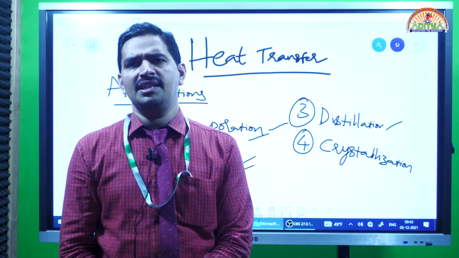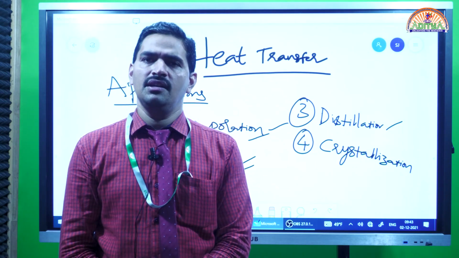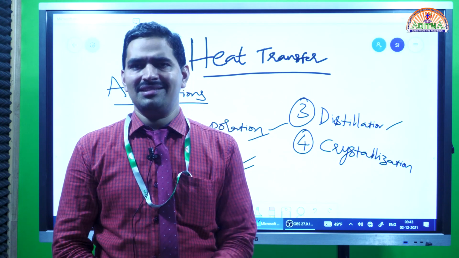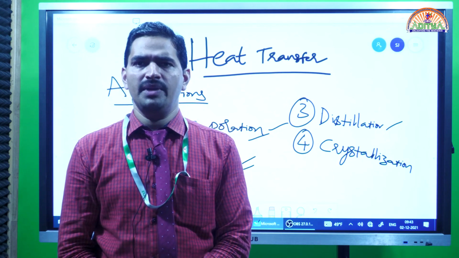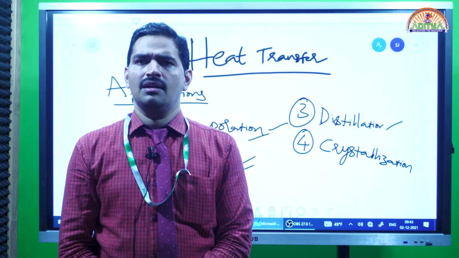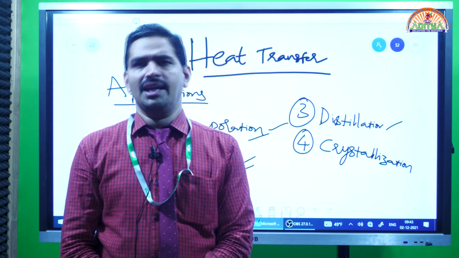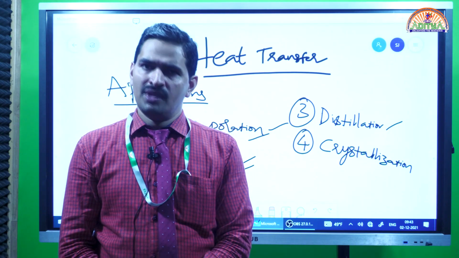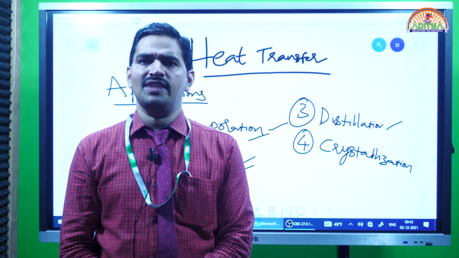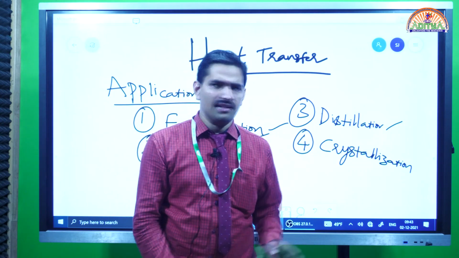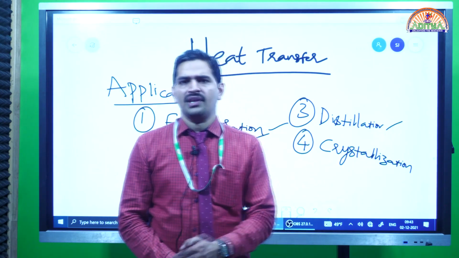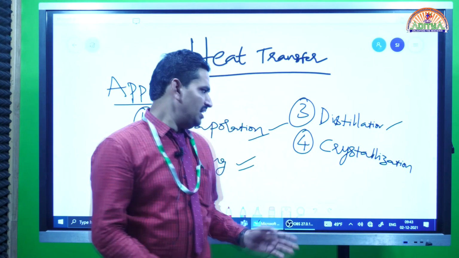We are going to study the recrystallization process. In recrystallization, the crystallization unit operation is involved to separate the solids from the liquid, that means from a solution consisting of solvent as well as solute. So the solute is separated from the solvent with the heating process. So in such a way.